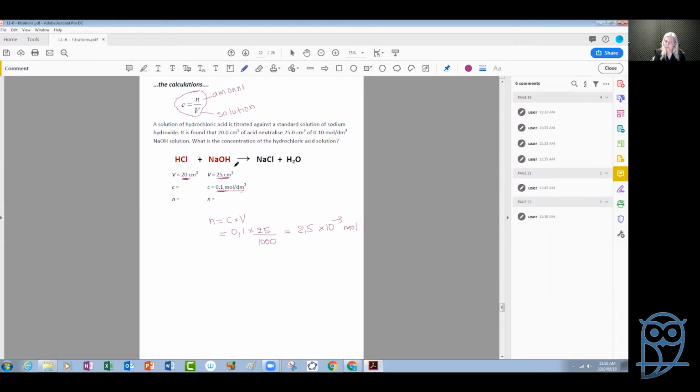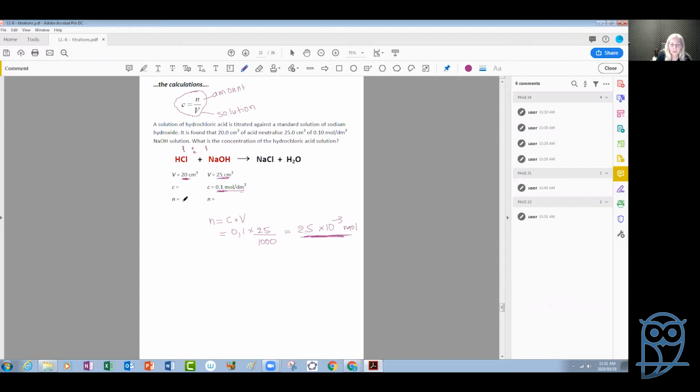Okay, so 2.5 times 10 to the power of minus 3 moles of sodium hydroxide. Now, of course, here is the chemical reaction equation. It's already balanced, and we see that the acid and the base react in a ratio of 1 to 1, isn't it? So since we know the number of moles of sodium hydroxide, obviously the same number of moles must be the moles of the acid that have reacted.